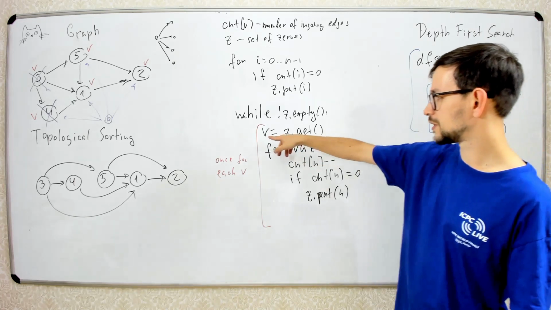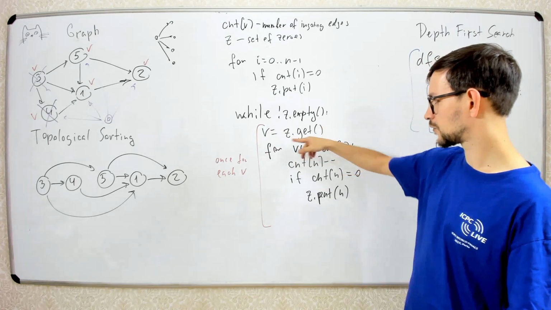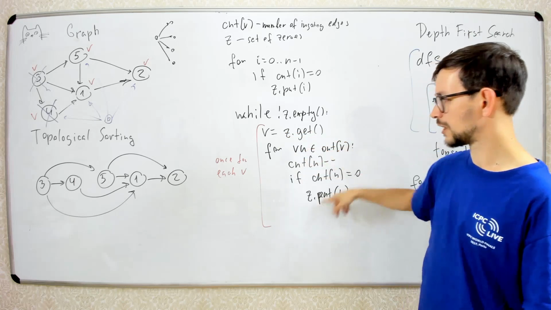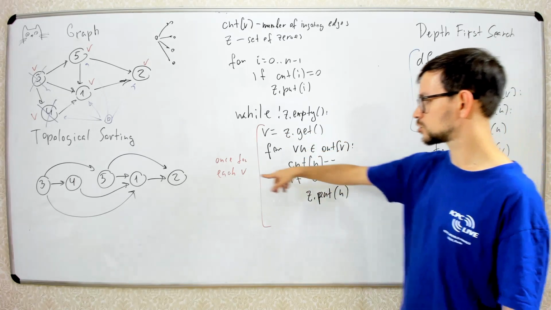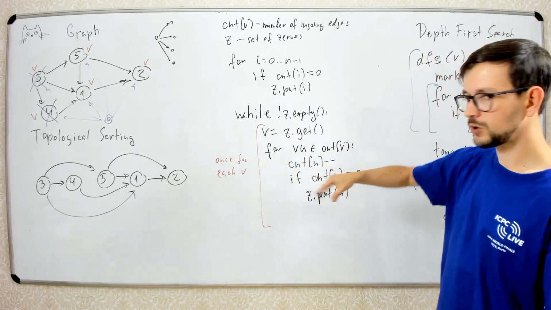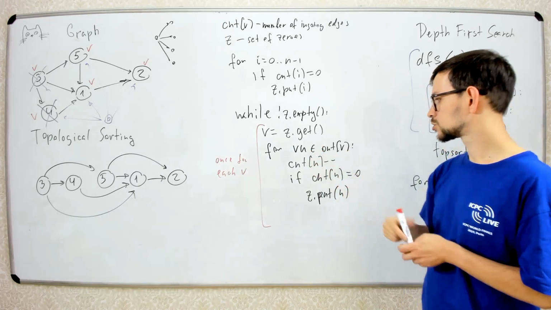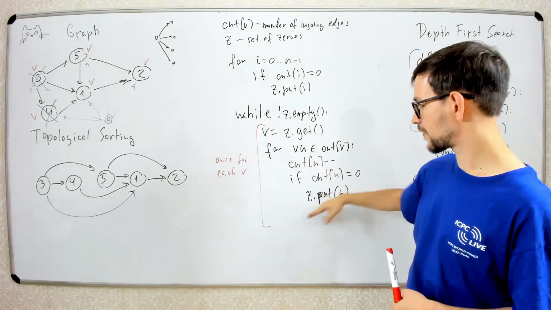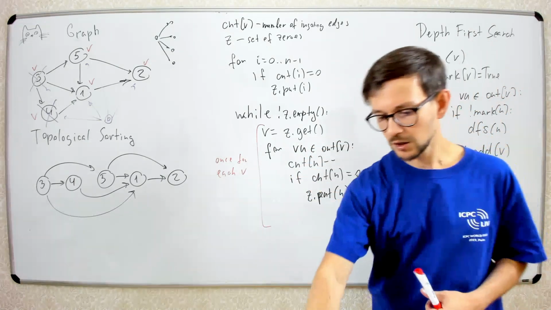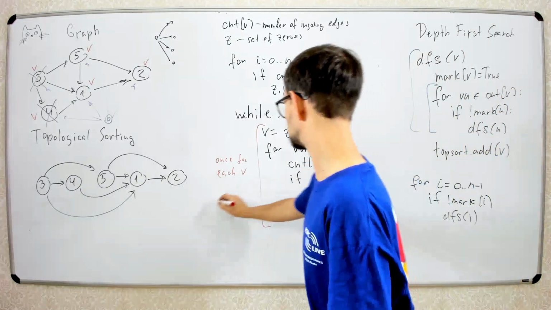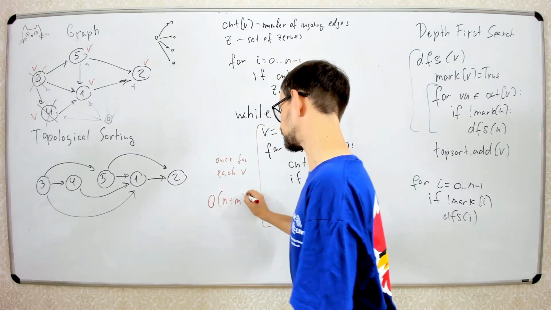When you remove V from the set, you iterate through all edges connected to this node. So the total number of operations here again will be linear. So the total time complexity will be again n plus m.